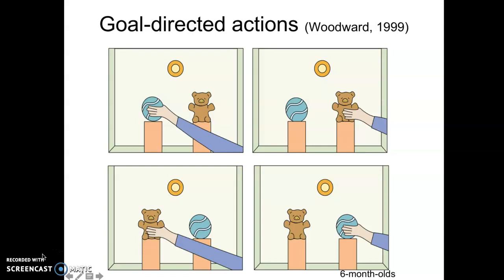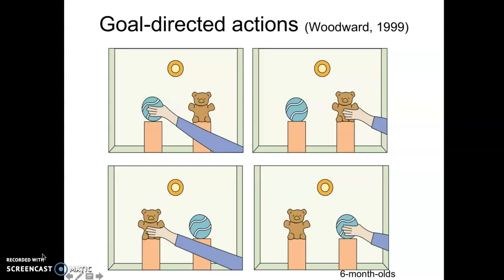And so it tells you how strongly they must be encoding the goal of the reach in order to be surprised when the hand follows exactly the same motion that they've seen it follow a whole bunch of times during familiarization in order to grab a new object. They were like, that's not what this hand has been reaching for over and over again. I wonder why it's doing something different now, even though the physical trajectory is so similar and the visual stimulus that's coming in to the infant is so similar to what they saw before.